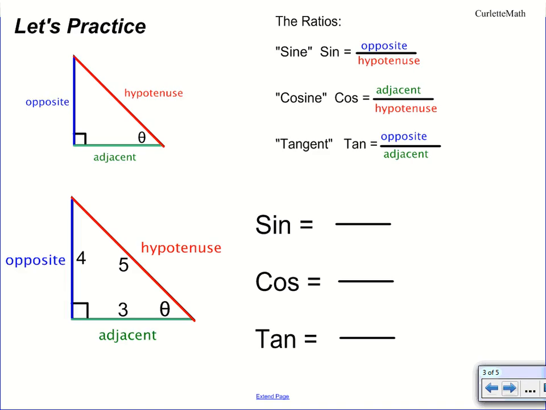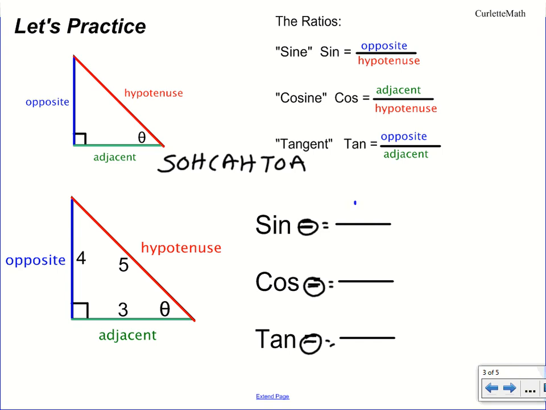So, let's practice through one of these. I labeled out and reminded you from the previous slide up top what our trig ratios represent. Remember our abbreviation, or a way to remember, SOH CAH TOA. So let's find out what is the ratio of the sine from our theta angle. Well, our sine, remember, is opposite.